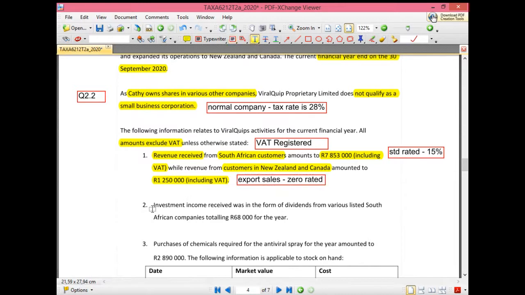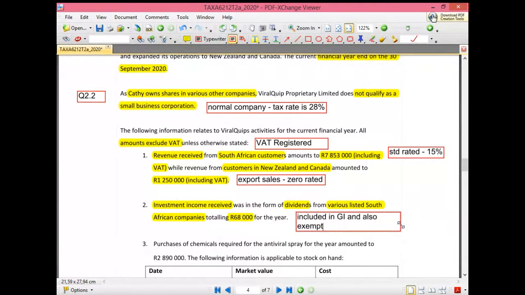The next item, they tell you investment income received was in the form of dividends from various listed South African companies, totaled 68,000. Okay, now remember, dividends are included in your gross income, and they are also exempt.